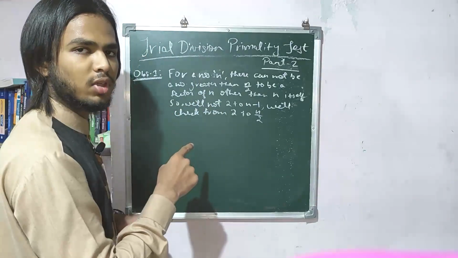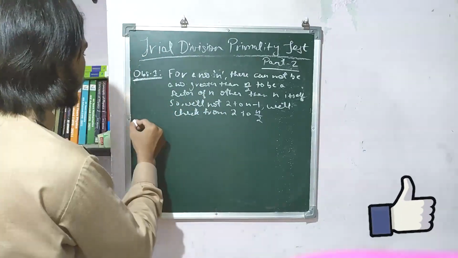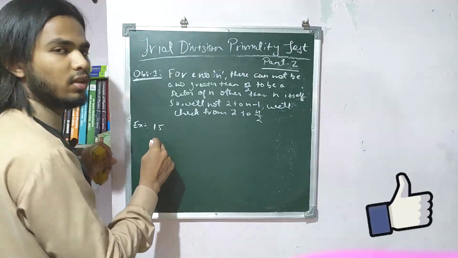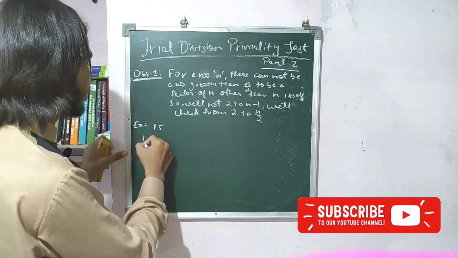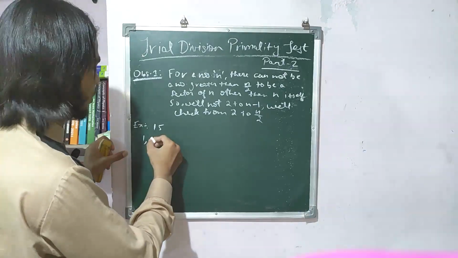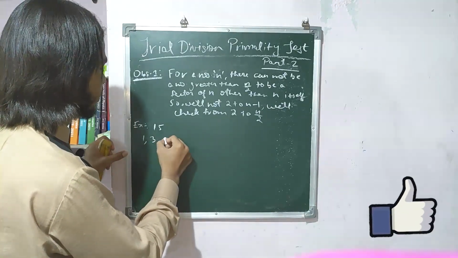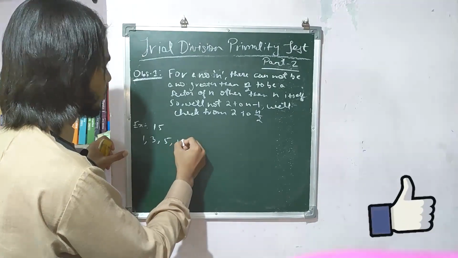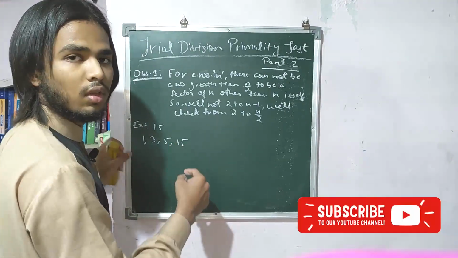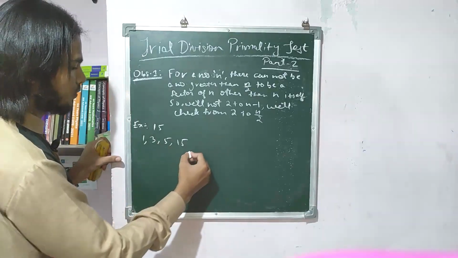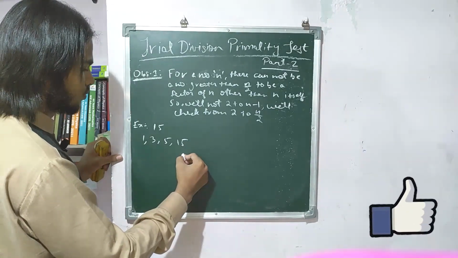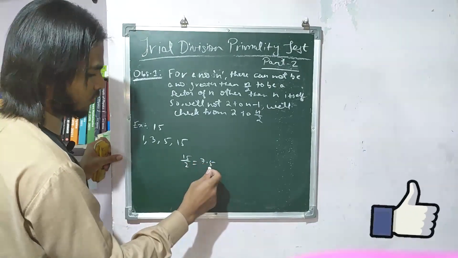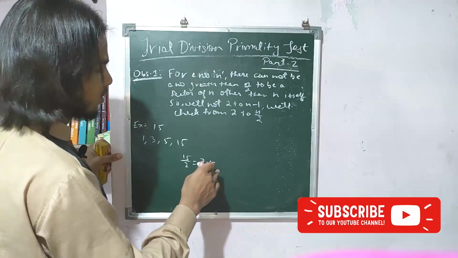Now I will give you some examples and then I will prove it. Let us say 15. What are the factors of 15? 1 divides 15 completely, and then 3, then 5, then 15. No other factors are there. You can see that 15 divided by 2 is 7.5, and since we are talking about natural numbers, we can take 7.